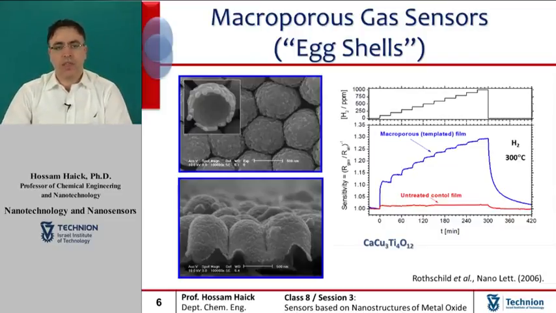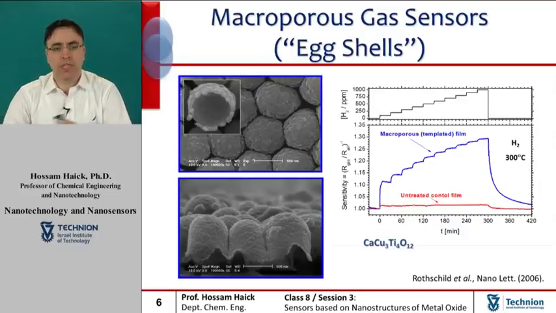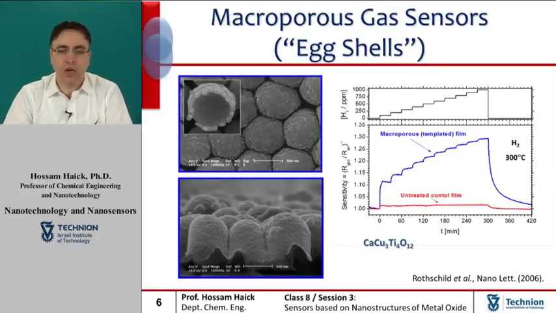The gas sensitivity of the macroporous metal oxide films is examined and compared with the plain films deposited under the same conditions on untreated substrates. You can see here that the macroporous film is much more sensitive than the control film.